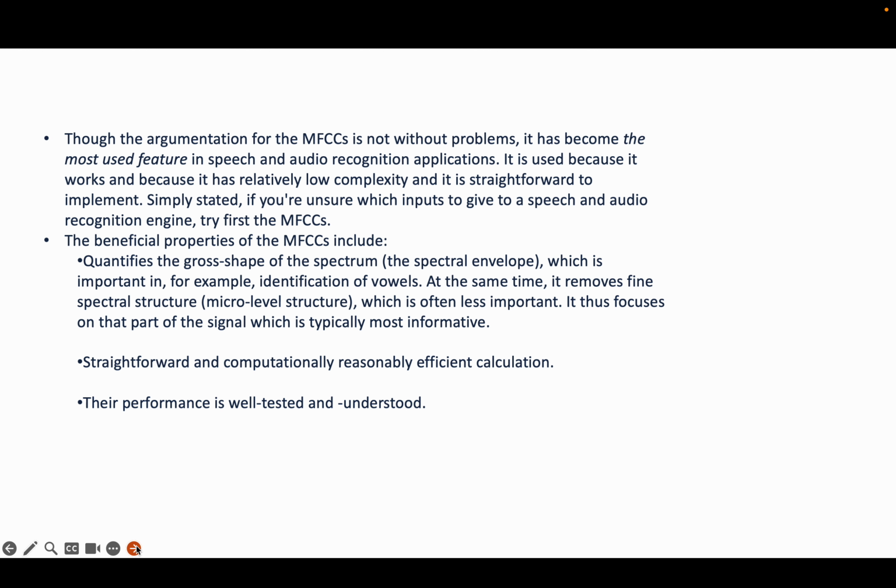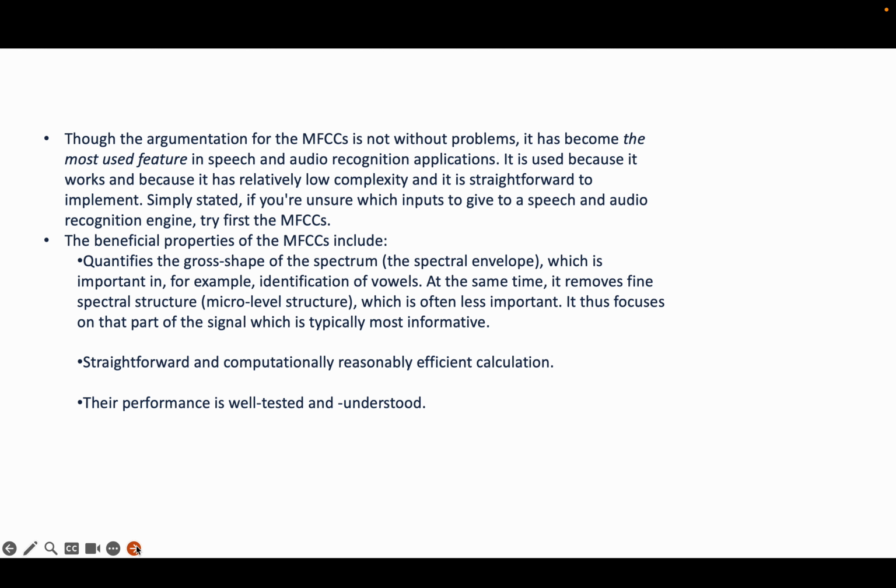The advantages: it quantifies the gross shape of the spectrum, which is important, for example, in identification of vowels. At the same time, it removes the fine spectral structure, this microlevel structure, which is often less important, and it thus focuses on that part of the signal which is most informative.